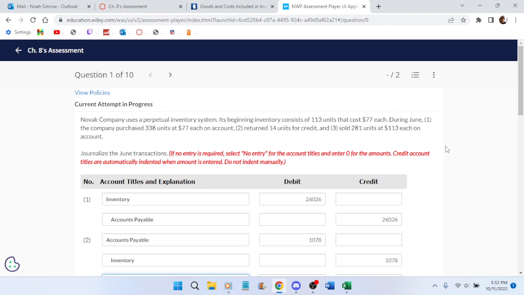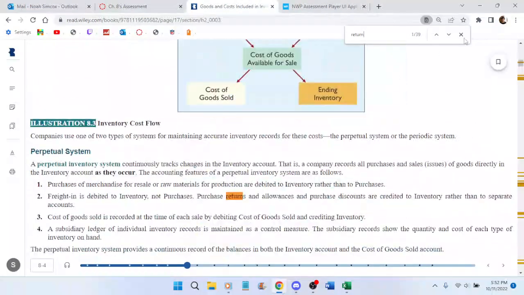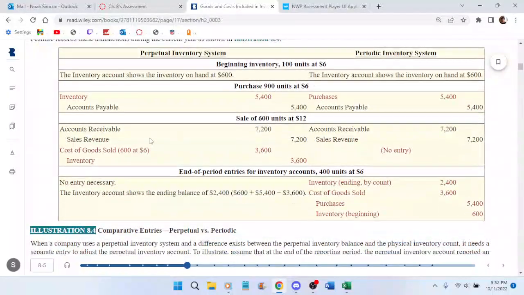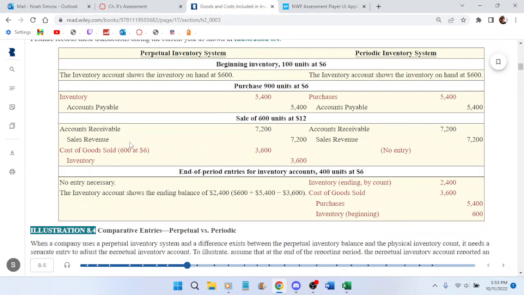So 3, sold 218 units. So when you sell units, you have accounts receivable, sales revenue, and then cost of goods sold, inventory.